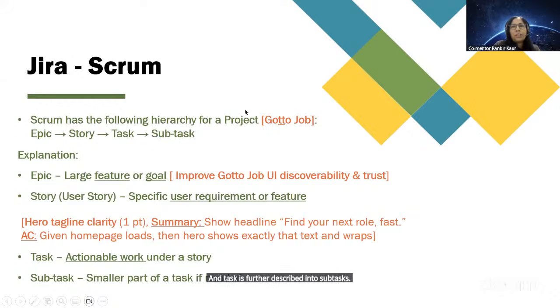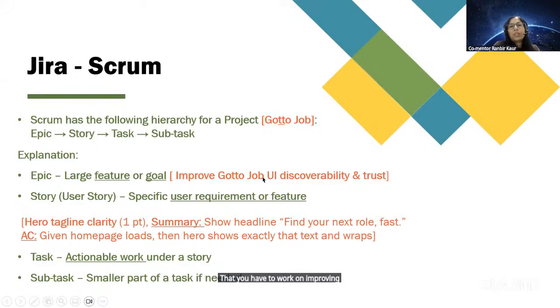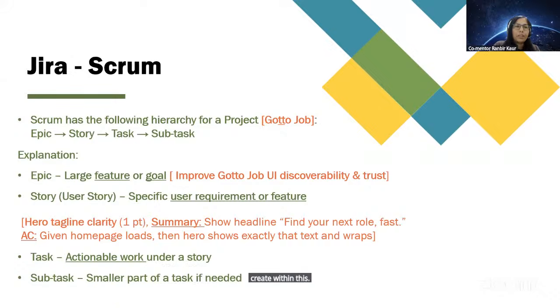So our project name is Go to Job, and within that project there would be an Epic. In the Epic description, you might have some information that you have to work on improving the Go to Job project: user interface, discoverability, and trust. And there would be stories that you have to create within this Epic.